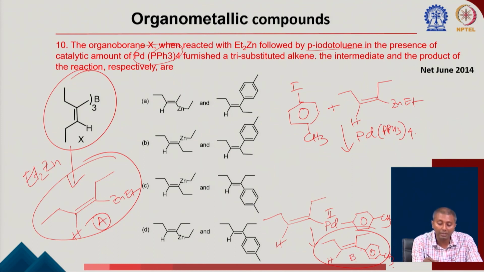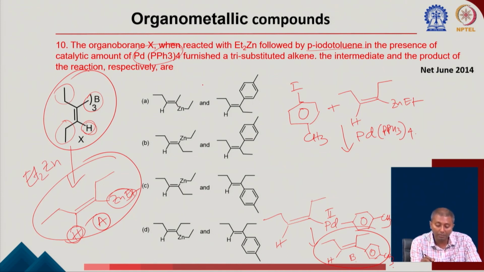You can see option A is showing this, and one of the important parts you have to understand is the stereochemistry. Here you can see these are the two ethyl groups on one side of the double bond, and the boron and hydrogen on the other side. When it goes for transmetallation, it will keep the stereochemistry intact, and when it goes for cross coupling with the palladium, the zinc will be replaced by the aryl. So we have to be very careful about that.